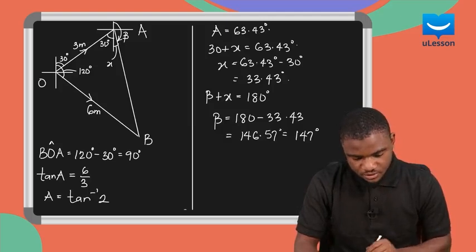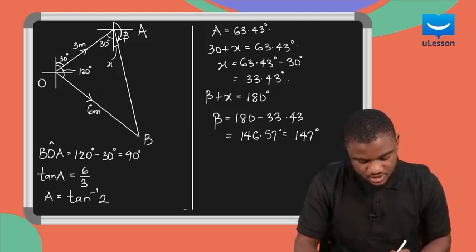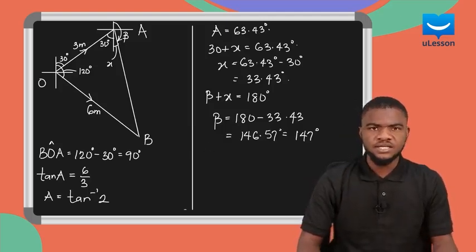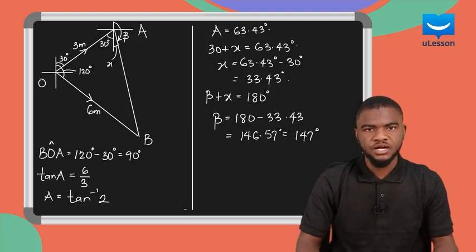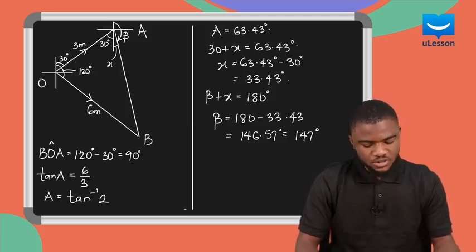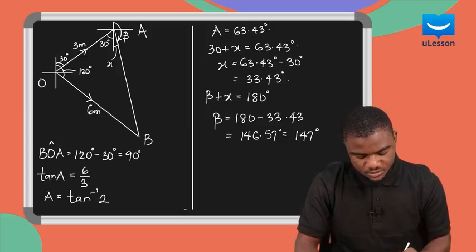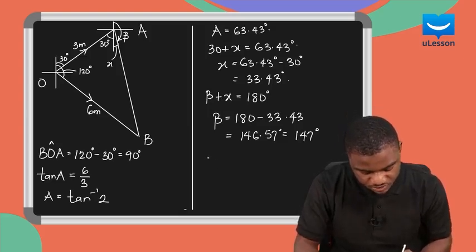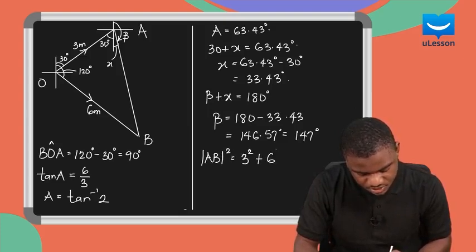Now let's take a look at how we can calculate the distance AB, that is the distance of the vector AB. We can see that we have a right angle triangle and we have two sides known. The third side, which is AB, can be obtained using Pythagoras theorem, that is AB squared is equal to 3 squared plus 6 squared.